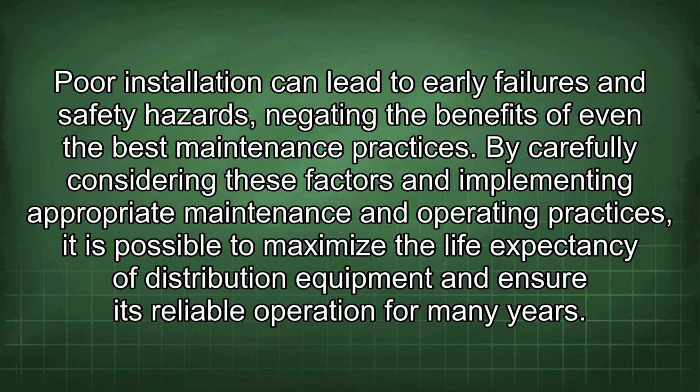Poor installation can lead to early failures and safety hazards, negating the benefits of even the best maintenance practices. By carefully considering these factors and implementing appropriate maintenance and operating practices, it is possible to maximize the life expectancy of distribution equipment and ensure its reliable operation for many years.